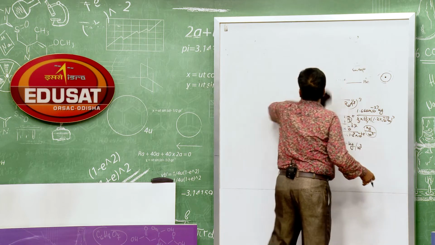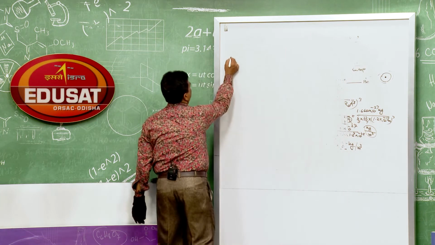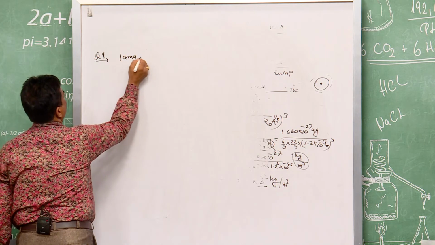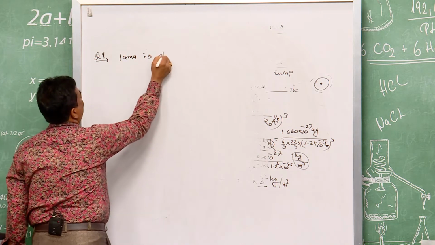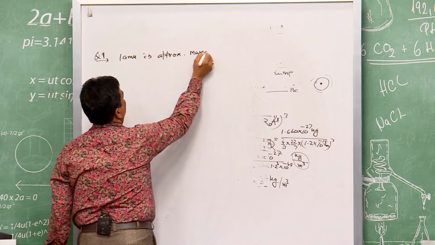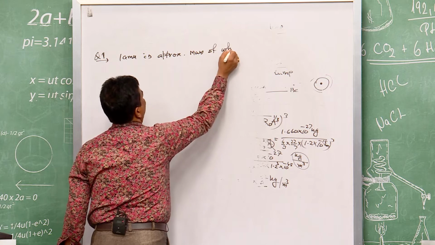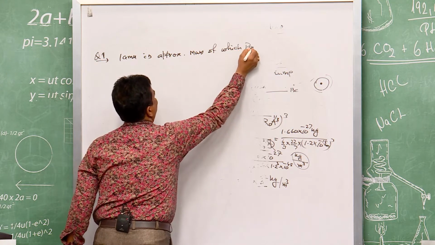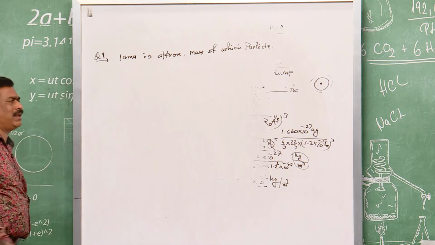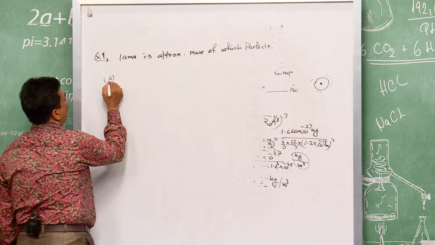So question number 1. 1 AMU is approximately the mass of which particle? Suppose there are 4 answers.